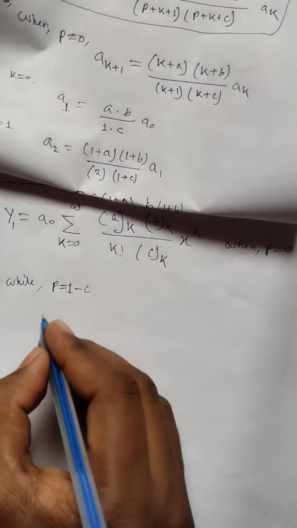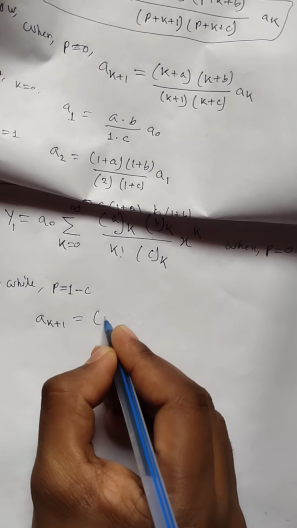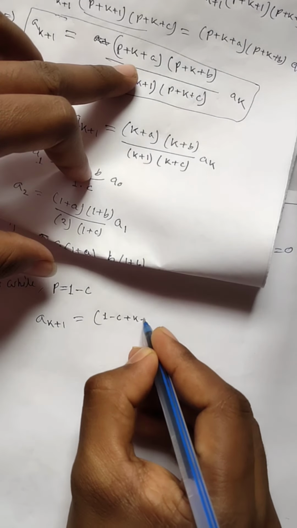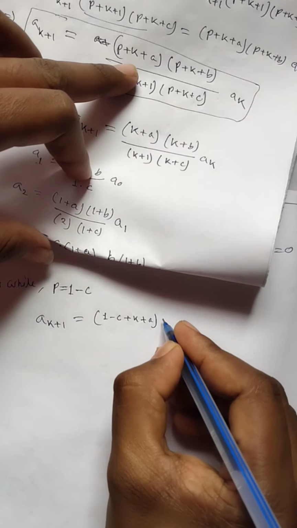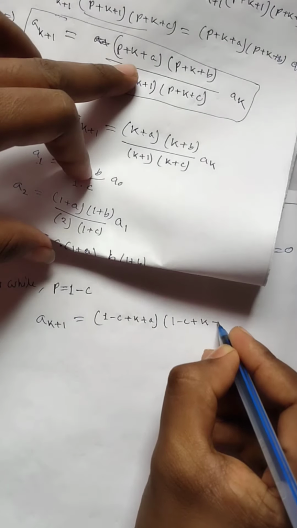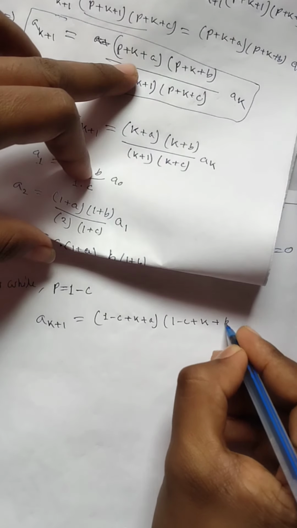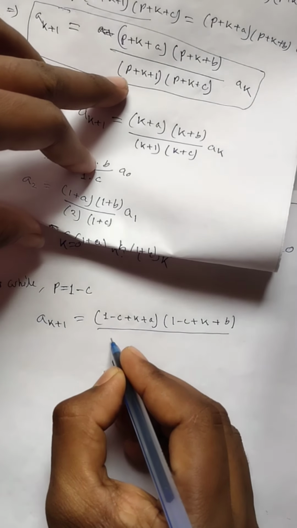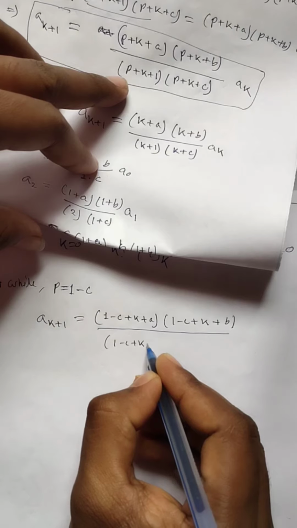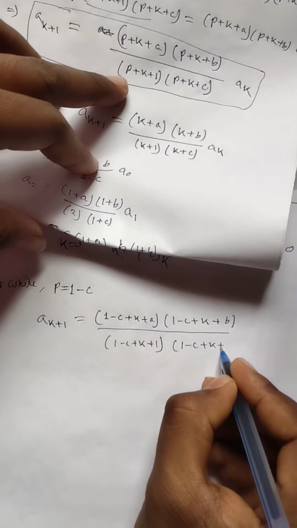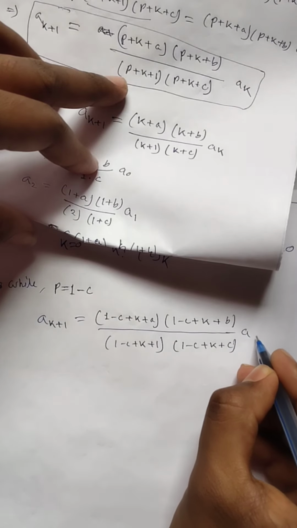So here we put p equal to 1 minus c, so we get a k plus 1 (1 minus c plus k plus a) (1 minus c plus k plus b) divided by (1 minus c plus k plus 1) and (1 minus c plus k plus c) into ak.